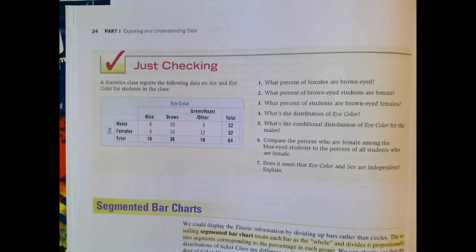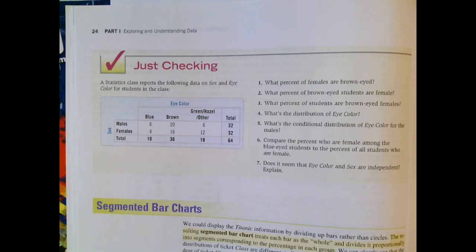In other words, it's asking you to restrict your view, and since it's already given us the totals, it wants all the percents. So it wants you to look at eye color. So are we doing row or are we doing column? Eye color is going to be column.